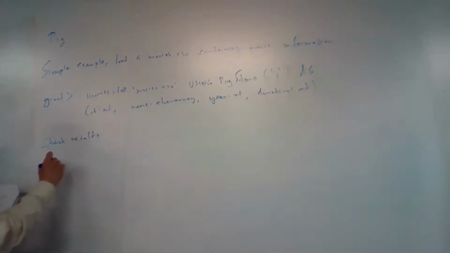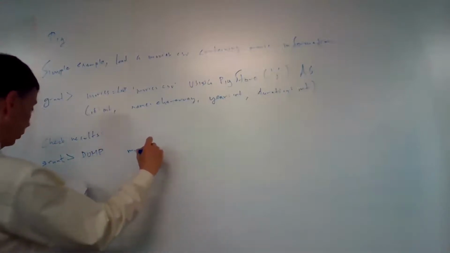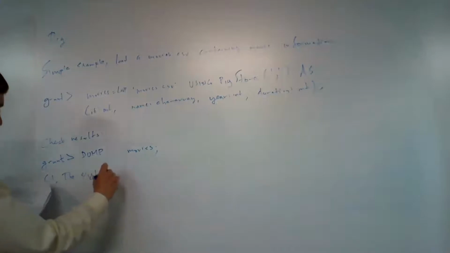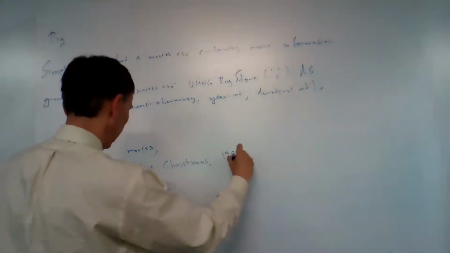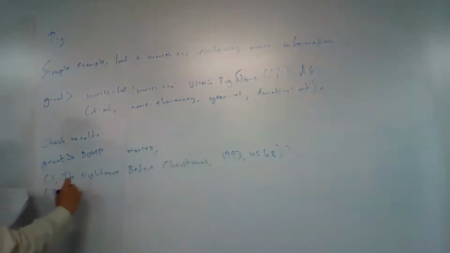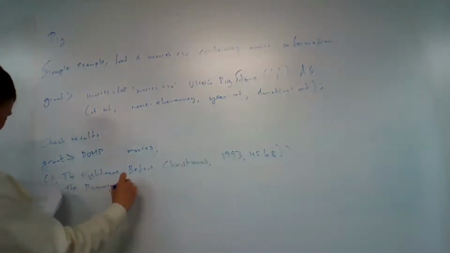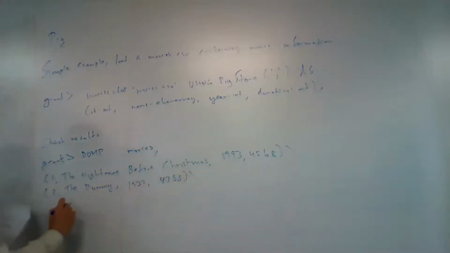If you said something like, at the grunt prompt, dump movies; semicolons at the end of these, then what it would do is put out something like 1, The Nightmare Before Christmas, 1993, 4568, and then it might put out a 2, The Mummy, 1932, the original, 4388, and then so on down to the last one, like 49,590, K plus 8.